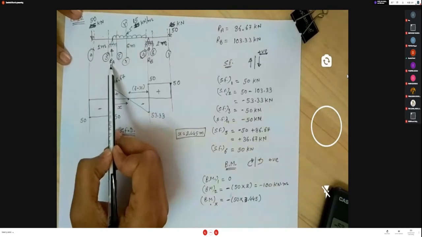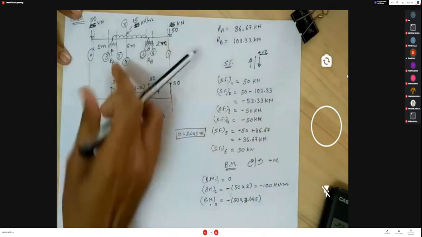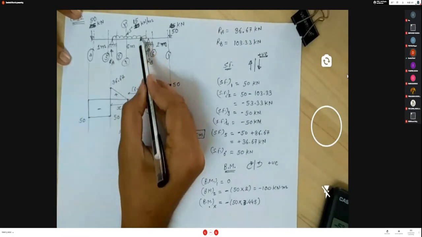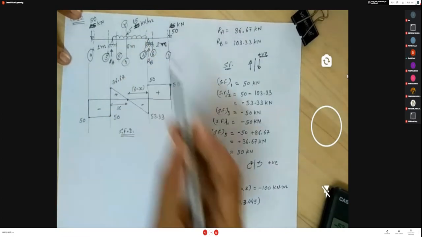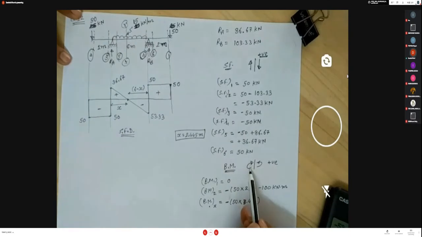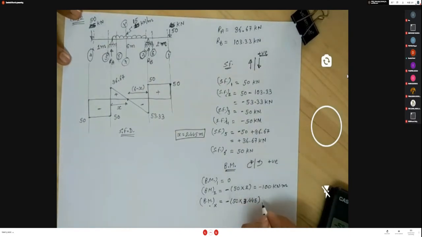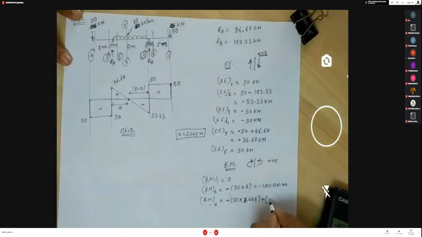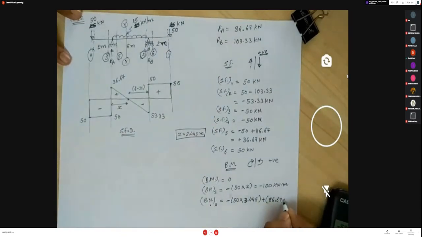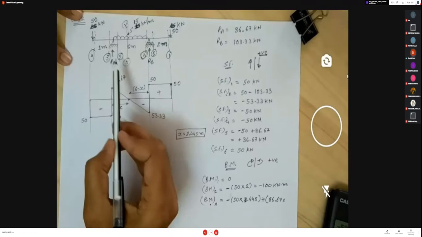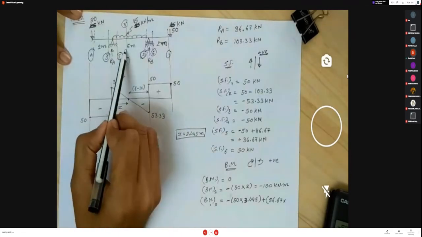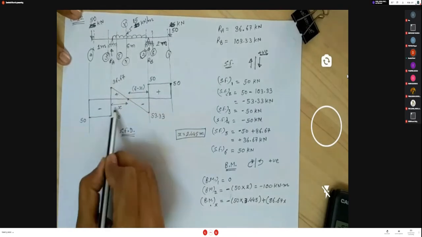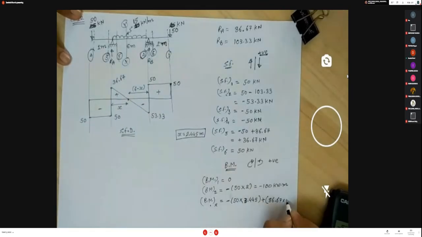Another force is the reaction at A. This produces a clockwise moment about section XX. Left hand side clockwise is positive. So plus this reaction value, 86.67, and the perpendicular distance is the distance between point A and section XX, which is 2.445.